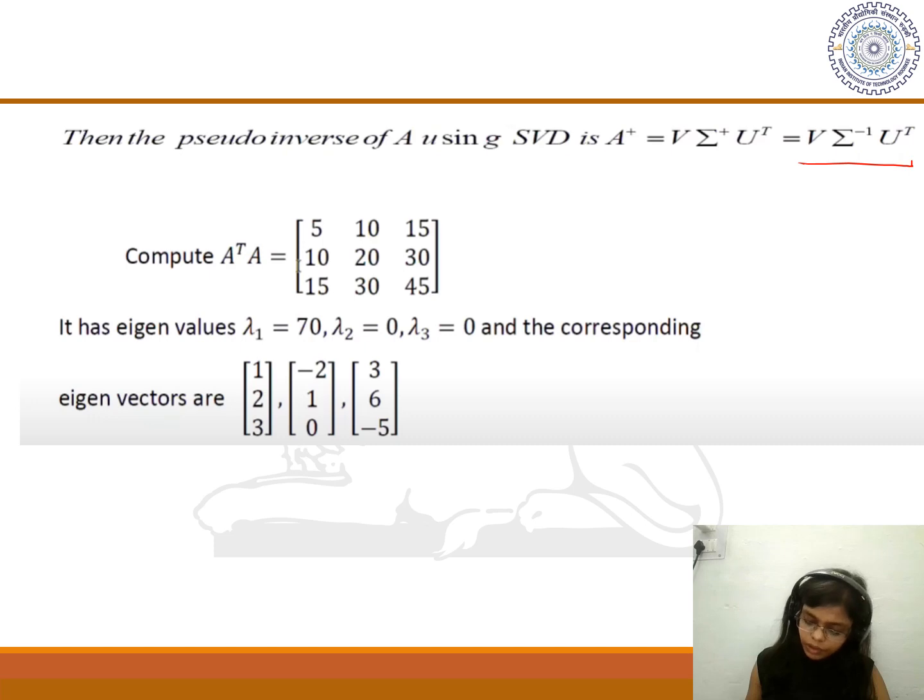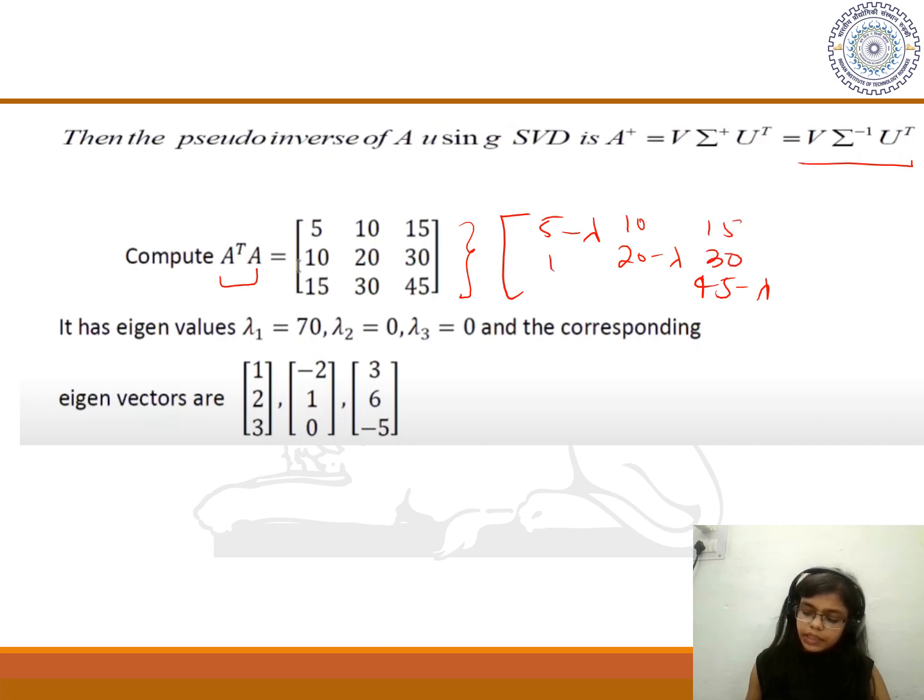First of all, we will compute A transpose A. That is nothing but a simple multiplication, and we get this matrix. Then after this, with the simple procedure, we subtract lambda from the diagonal elements, keeping the rest of the elements the same. That is a simple procedure that we know already.